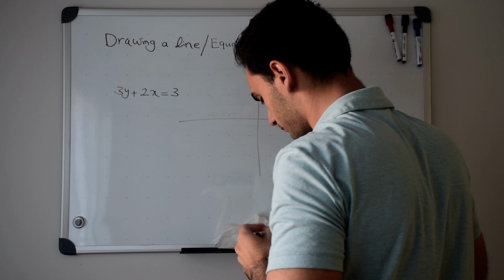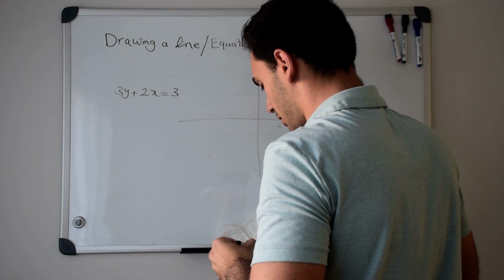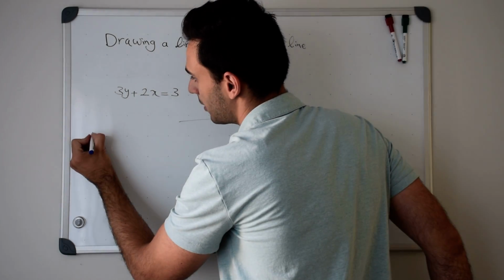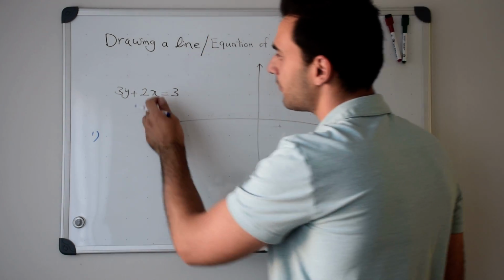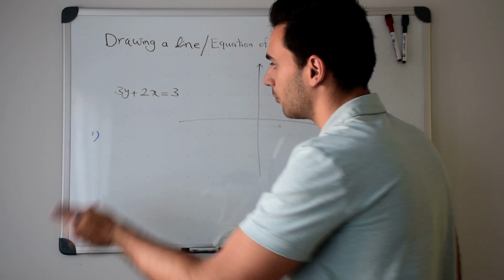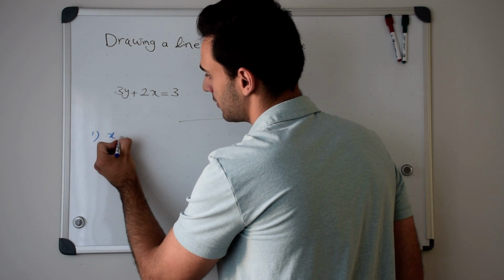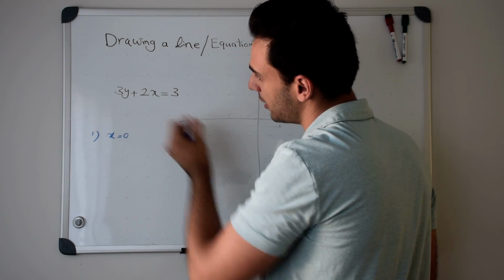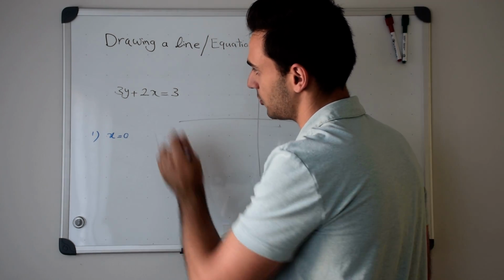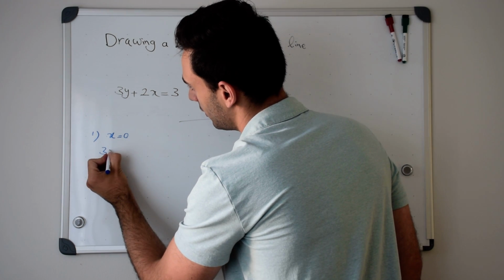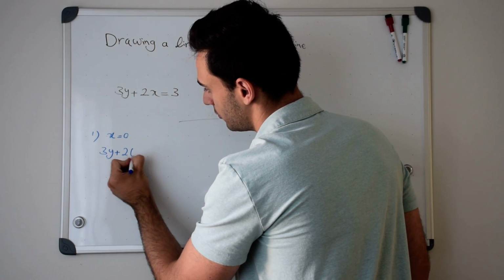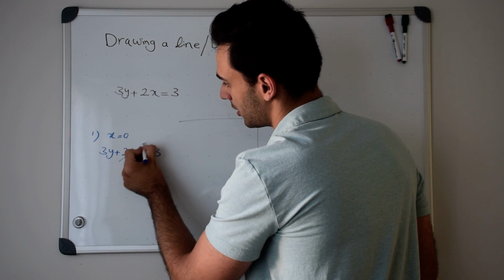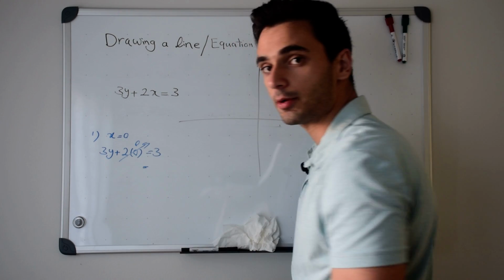Okay, but what can I do to draw it? So step number 1, I'll give x a number. I'm gonna give x 0. If I plug 0 into x, what I will have is 3y plus 2 multiplied by 0 equal to 3. 2 multiplied by 0 is 0, right?